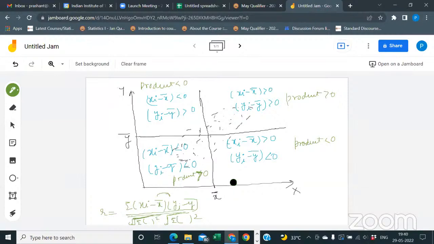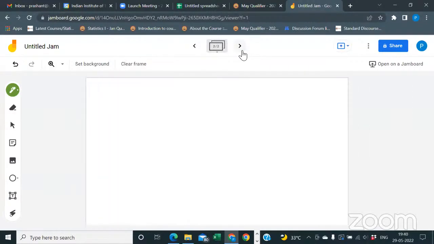See, there is one more thing also. Suppose your x1 is here and x2 is here. x2 is greater than x1, and suppose your y2 is here and y1 is here. That means the second value of y is less than the first one.